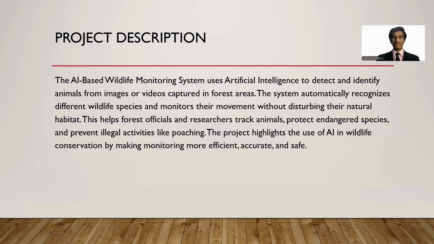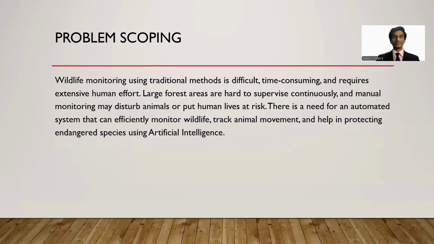This helps forest officials and researchers track animals, protect endangered species, and prevent illegal activities like poaching. The project highlights the use of AI in wildlife conservation by making monitoring more efficient, accurate, and safe.